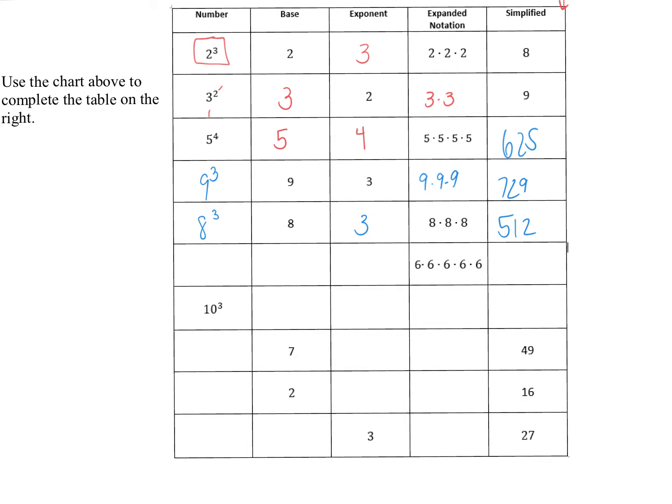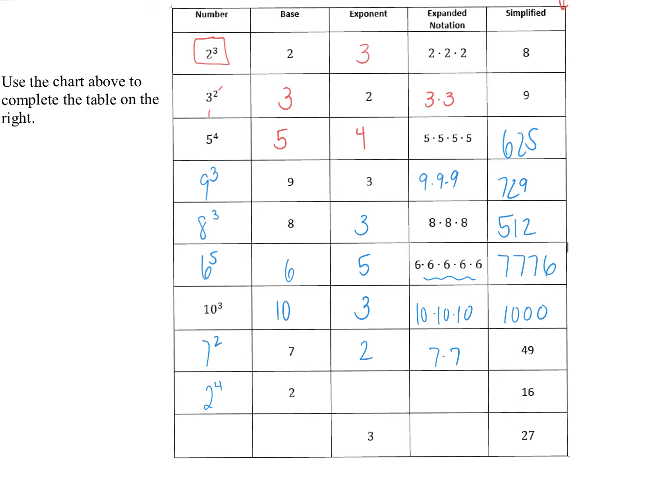Now this one had less, so this was 6 to the 5th because I'm multiplying it 5 times. Base is 6, exponent's 5. My answer is 7776. This one, my base is 10, my exponent's 3, I'm multiplying 10 three times to get 1,000. Then this one is 7 squared, my exponent's 2, I'm multiplying it 2 times.